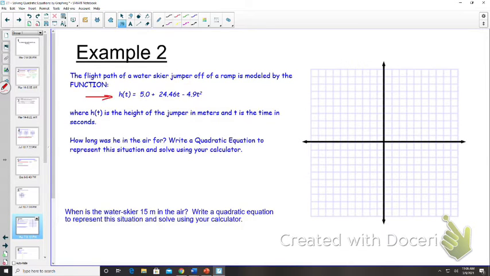Remember, functions equal a variable. What do equations equal? A number. Good. And if we're looking for how long he was in the air, what number are we looking for? The time. Yeah, the time.